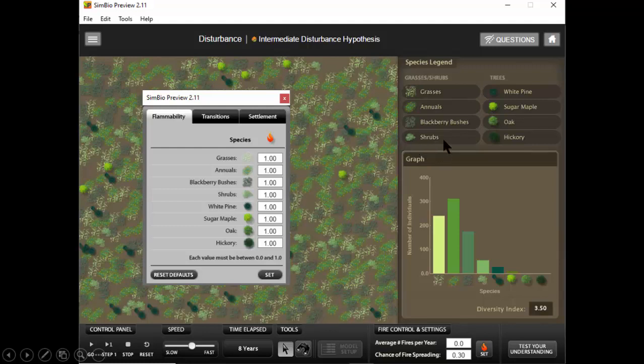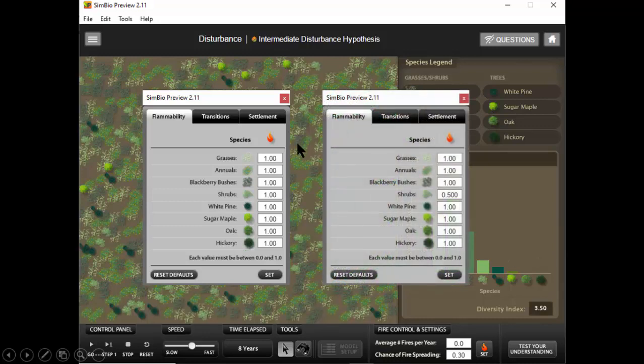And what I did was I chose to change the flammability, right? How likely a plant was to catch on fire of shrubs. And so I could set up this model and I would have these little individual screen grabs that I would put up.